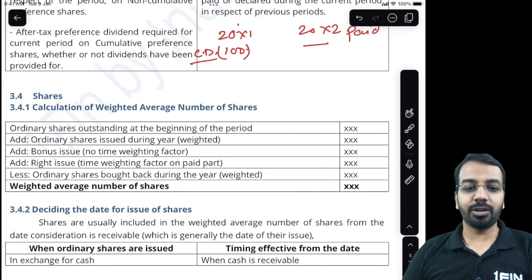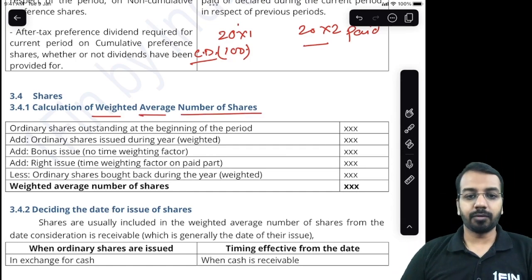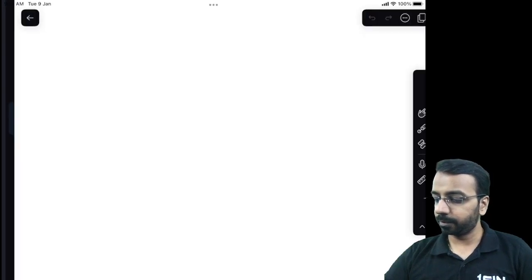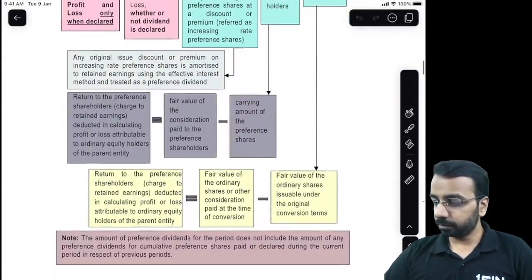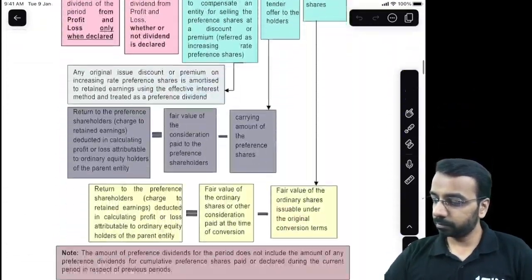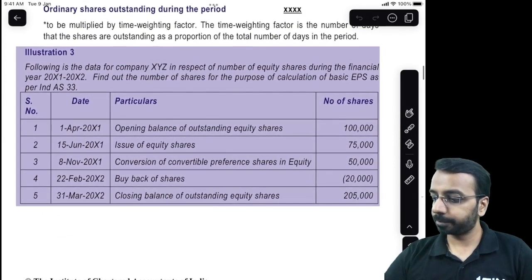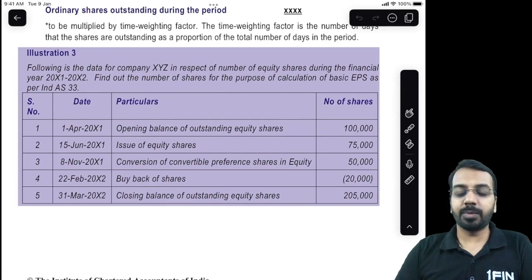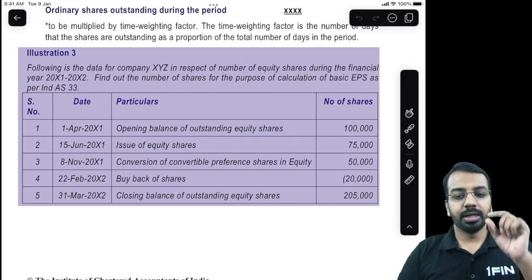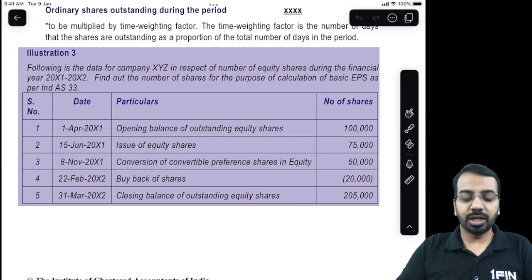The second thing we need to understand is the weighted average number of shares. What is this weighted average number of shares? We will take one example and do it. Weighted average basically means, because shares may be issued at multiple times during the year, you may have a different opening balance, a different closing balance, and shares issued during the period.